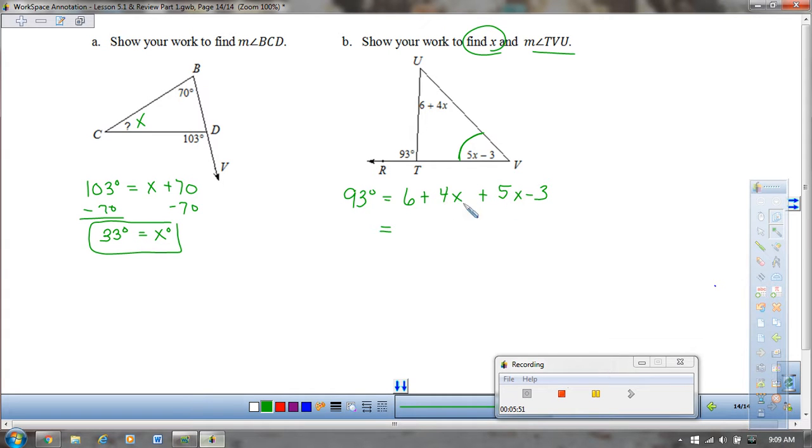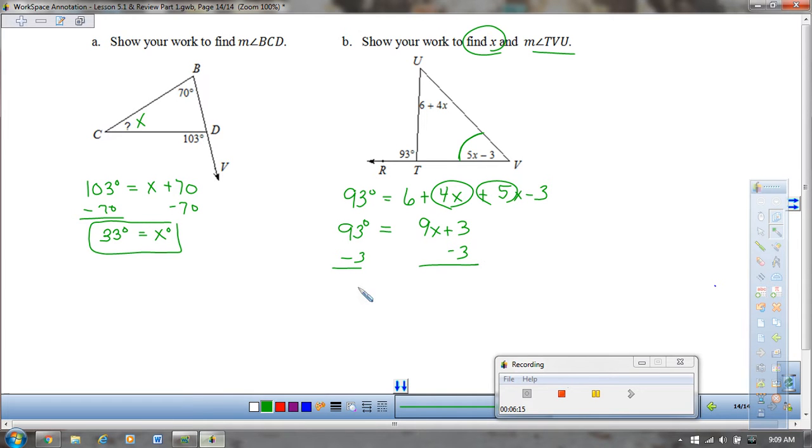First of all, 4x and 5x together give me 9x. And 6 minus 3 gives me a positive 3. So 93 degrees equals 9x plus 3. Now I'm going to solve for x by subtracting the 3.